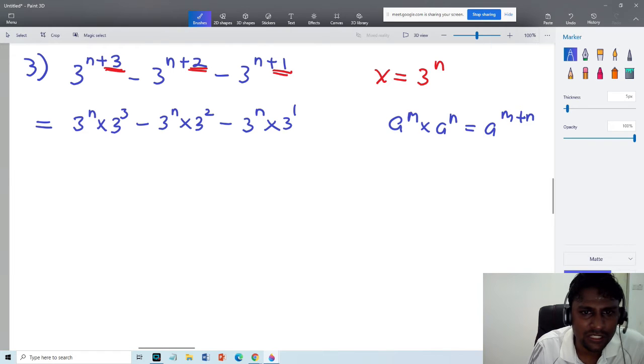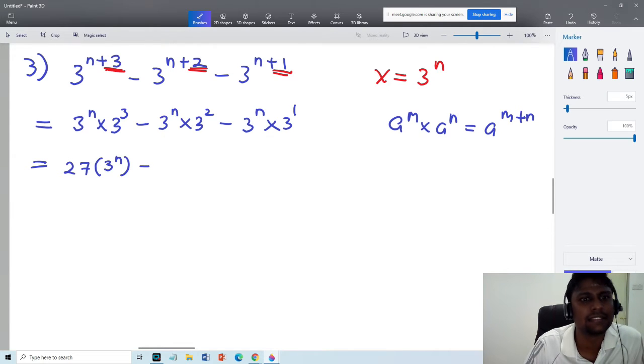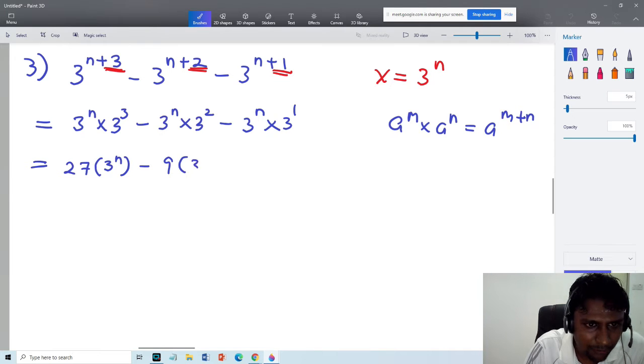Okay, so we just rearrange everything. 3 power of 3 becomes 27. 27 in bracket, 3 power of n, minus, then what? 3 power of 2 becomes 9. 9 times 3 power of n, minus, and 3 power of 1 becomes 3, and then 3 power of n again.